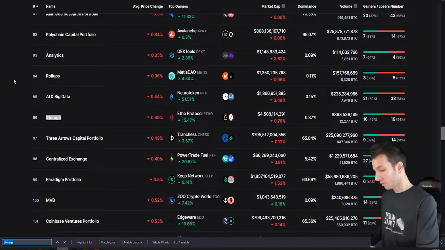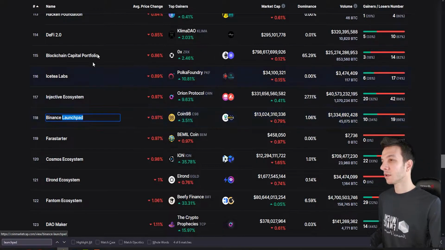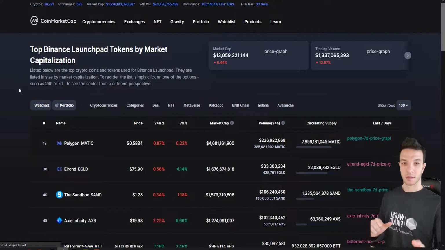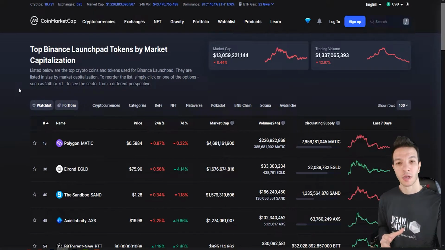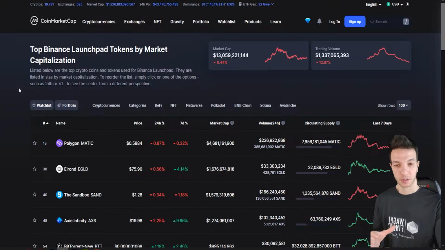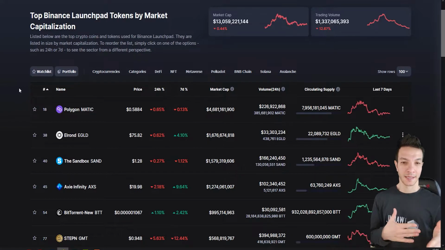We have the Launchpad. So we have Binance Launchpad. And actually what Launchpad means, not the word itself, but I mean the category or these projects. For you as an investor, the most important thing is to get in on a project as early as possible. For many projects, before they get listed on centralized exchanges, they get listed on decentralized exchanges.